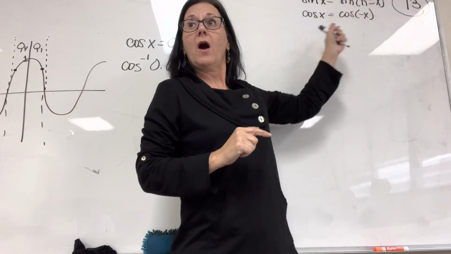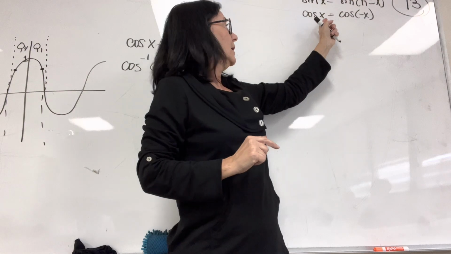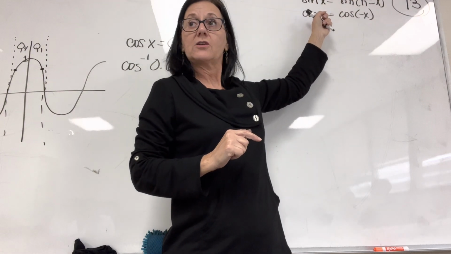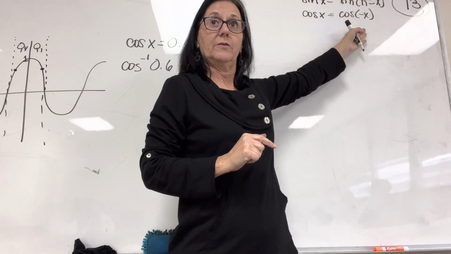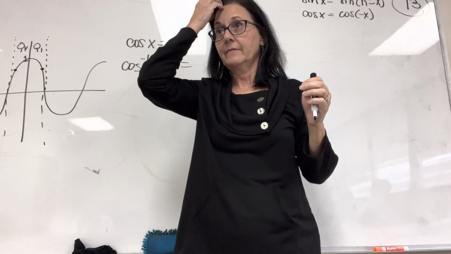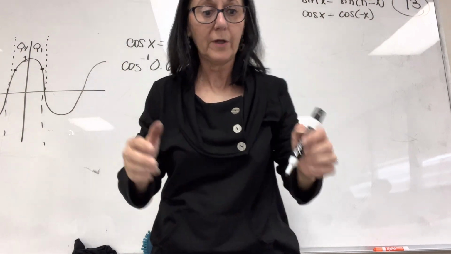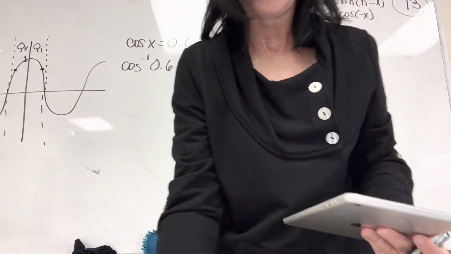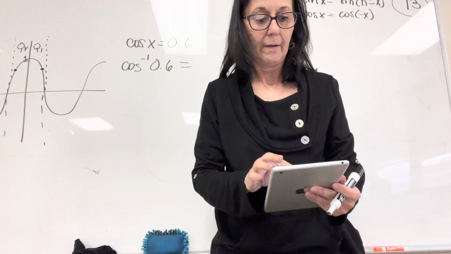The ratio of any positive radians is always equal to the negative if I go backwards on the unit circle. Got it? So that's the two solutions I'm going to use for the cosine. I'm going to go forwards and I'm going to go backwards.